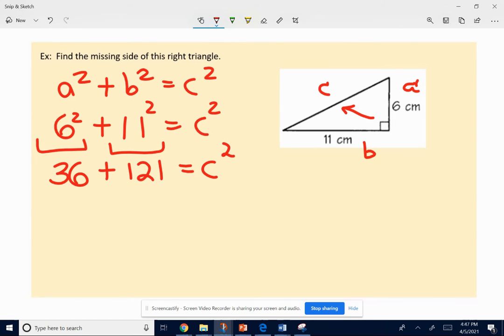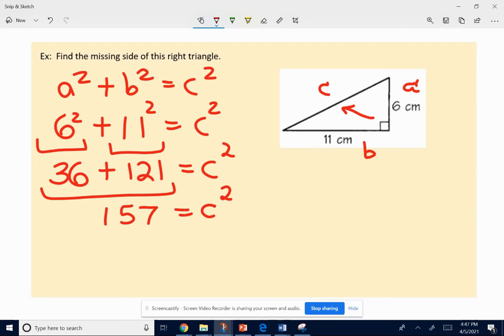So I have 36 plus 121 is equal to C squared. I can simplify the left side by adding those two up. 36 plus 121 is 157. So 157 is equal to C squared.